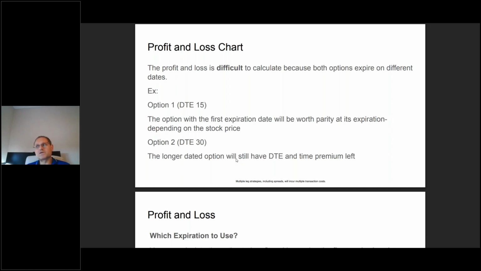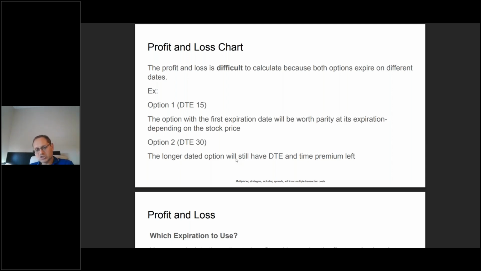Once that first option expires, you're going to be left with just one option. If the first option expires worthless, you'll only be left with an option that still has days to expiration, or if that option is in the money, if you do nothing, it gets converted to stock, and then you have an option and a stock position, but it's no longer a calendar spread.